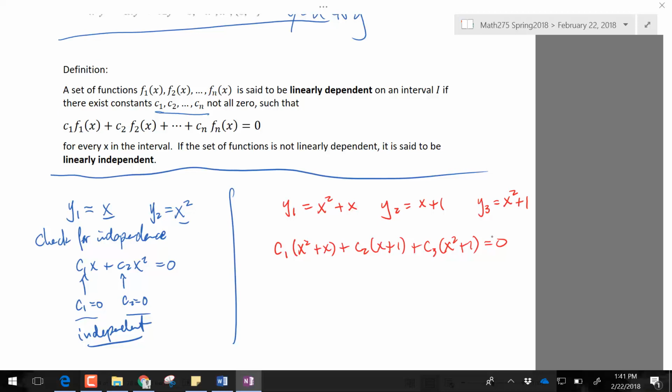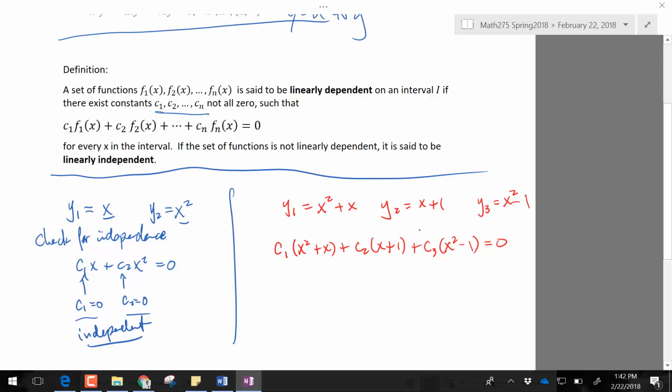Now, can I find values for c1, c2, and c3 to make this equal to 0? Let's backtrack and say this is our new set of functions.